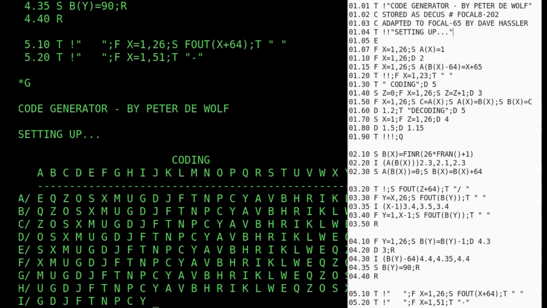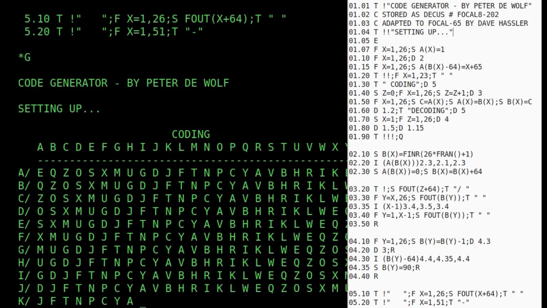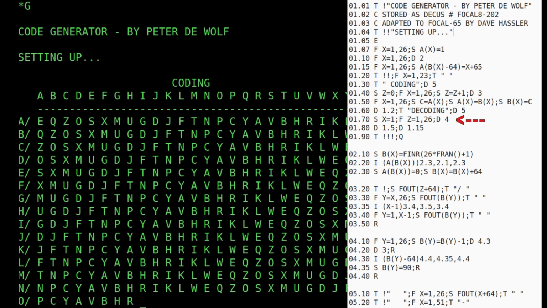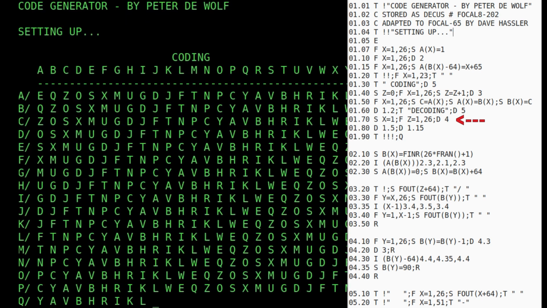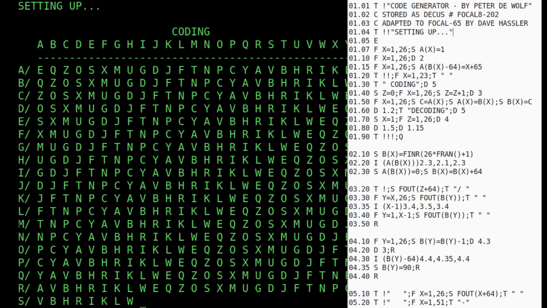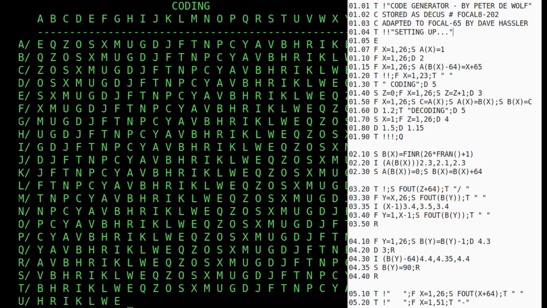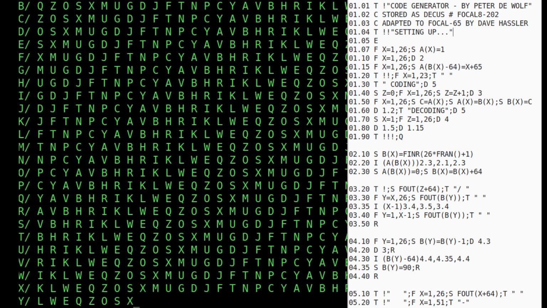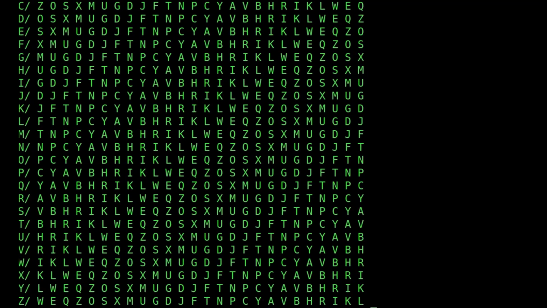The line to look at is group 1, line 70. This is an example of what we were talking about with FOR NEXT earlier. There is no way that all that code in group 4 would have fit on one line, doing the Z equals 1 to 26. So we just call it as a subroutine. Pretty smart.